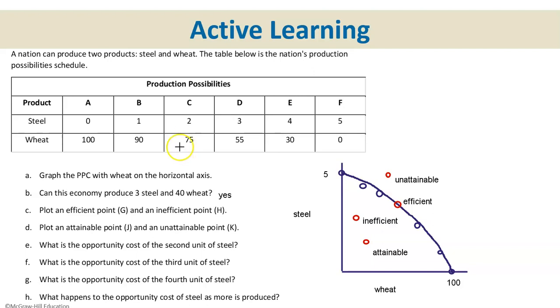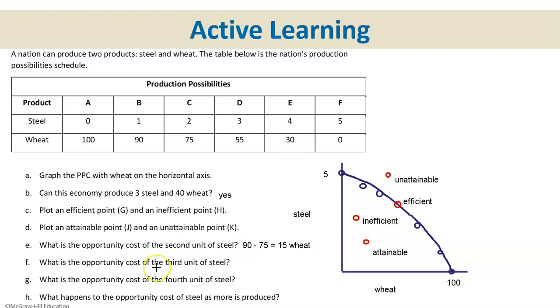So just come down here to wheat and see how much you lost out of when you got the second unit of steel. So to calculate this, you can actually just do 90 minus 75. And that tells you that you lost out on 15 wheat specifically.